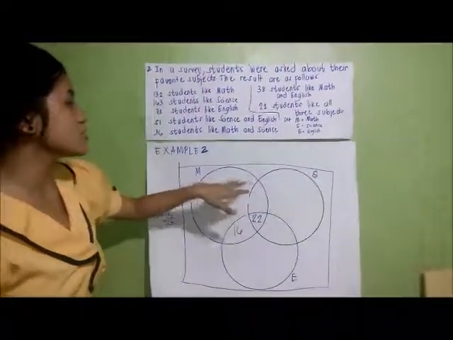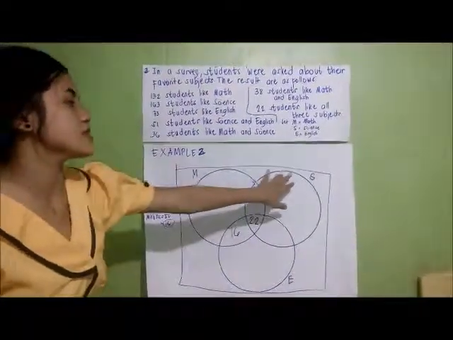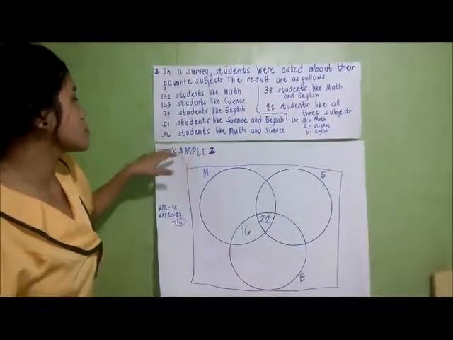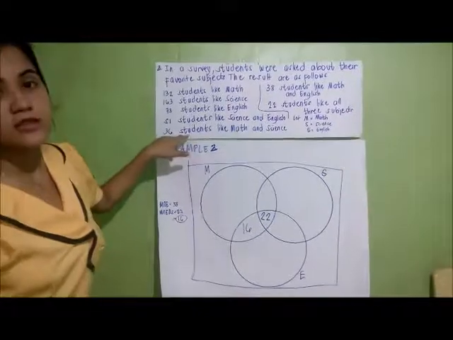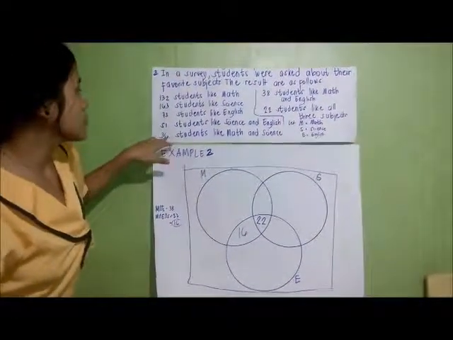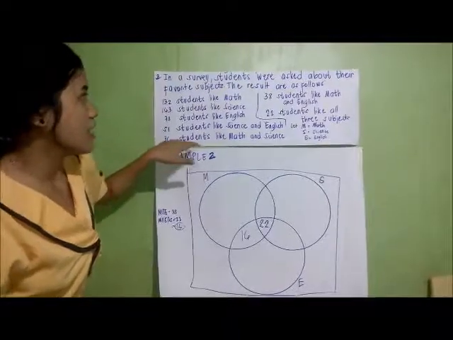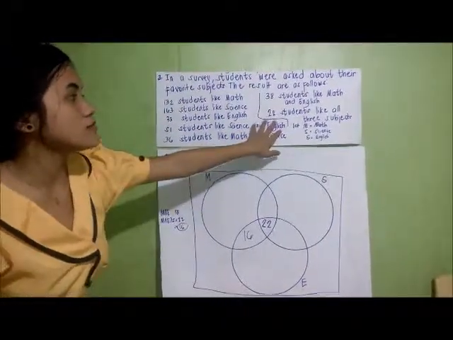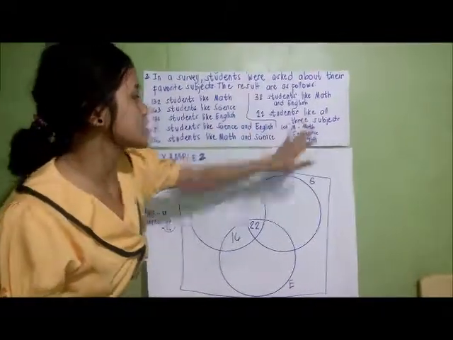For the intersection of set M and set S, we subtract from the given number of elements, which is 36, the number of elements common to the three subjects.